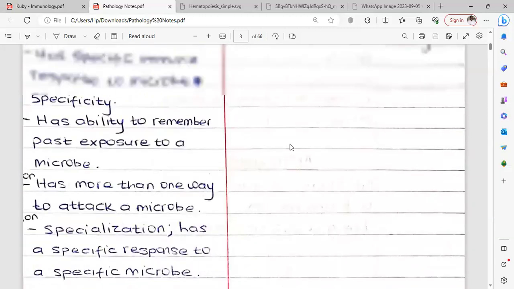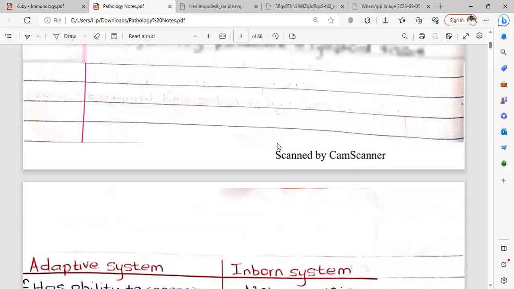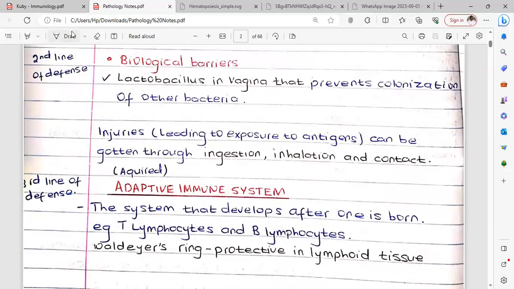So any questions or any additions that one of you would like to add or ask? Oh, I was wondering, there's something I didn't get. You said the adaptive is the third line of defense, and the first one is the innate barriers.